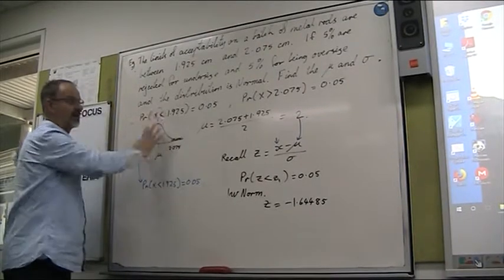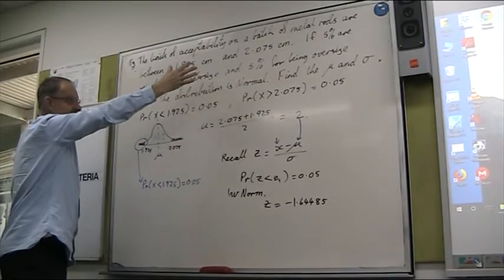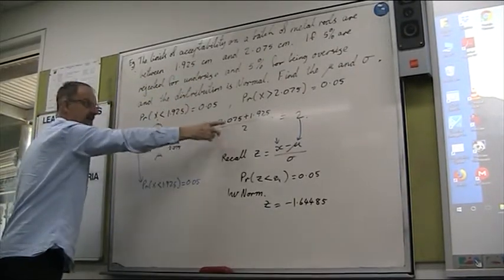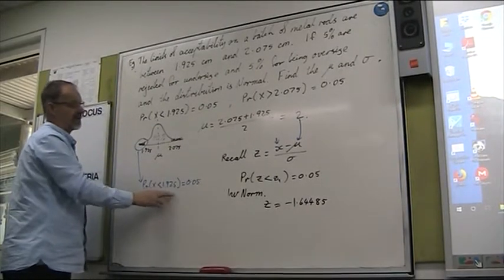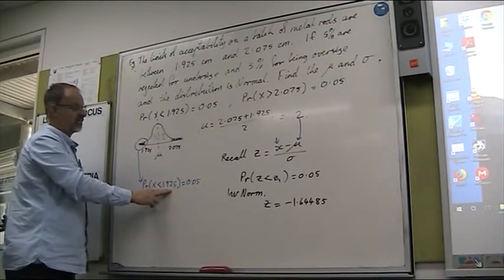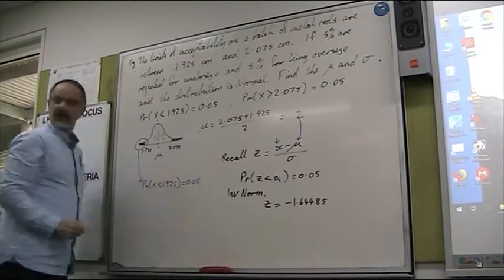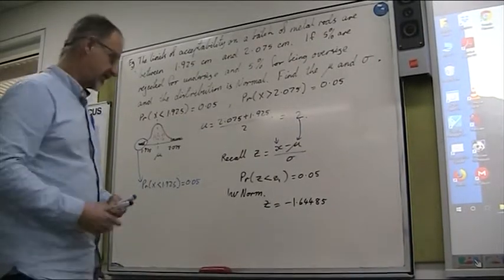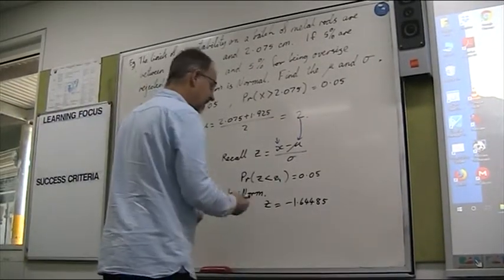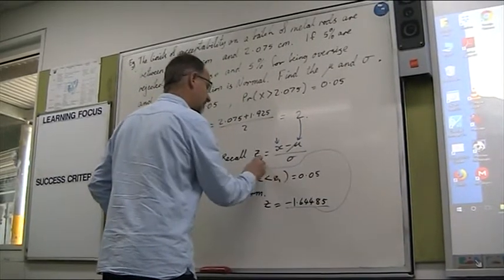So for this distribution, mean of 2, sorry, standard deviation of yet to be determined, when x is 1.925, we get a 5%. So we've got some information now, so I can take this z that I've got here and stick it up in there.